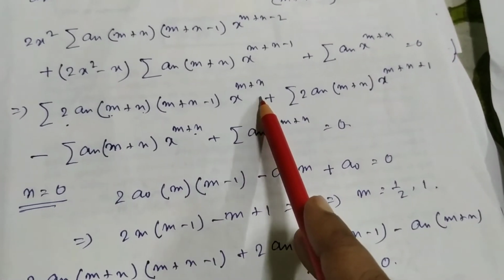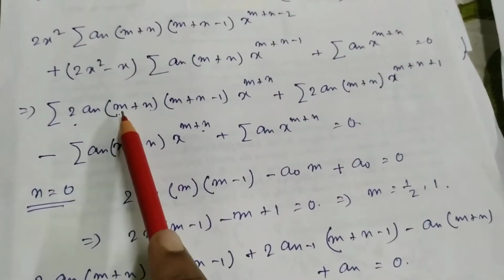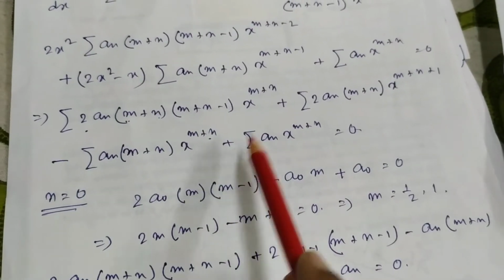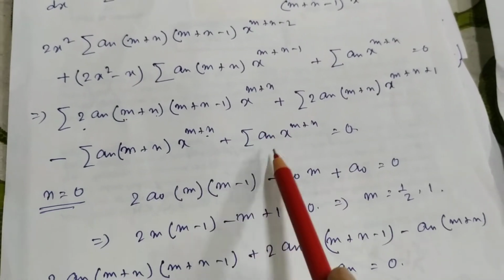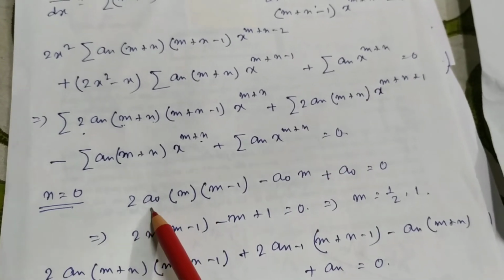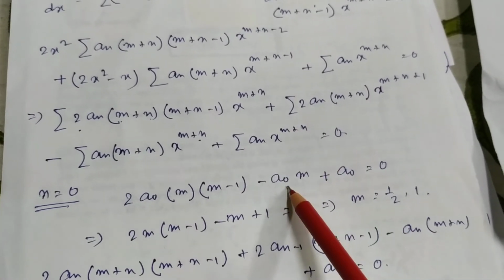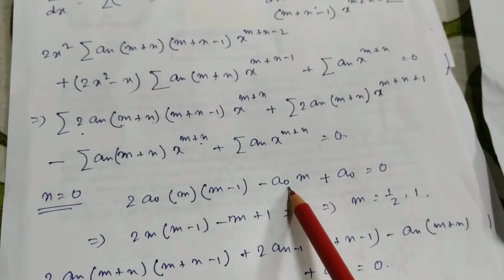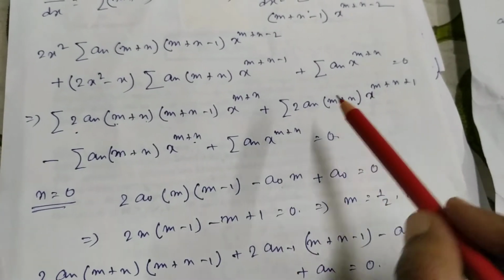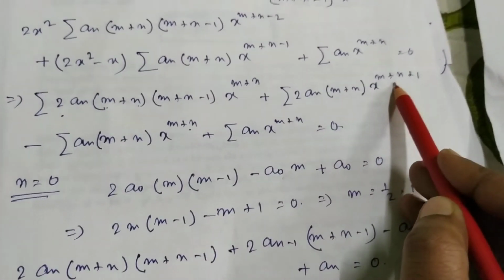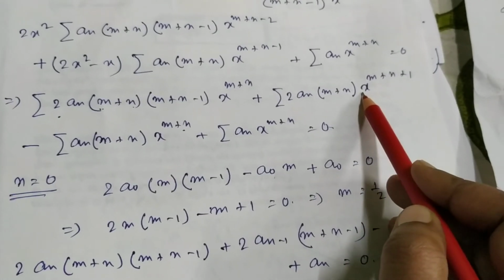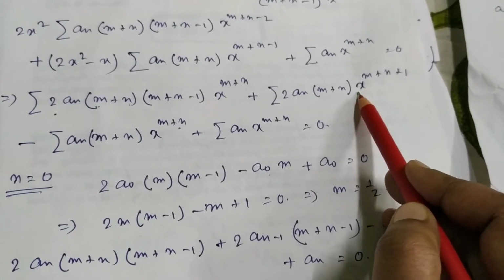So put n equal to 0, that is 2a naught m minus 1 into a naught, minus 2a naught. If we put n equal to 0 here, the power of x will be m plus 1.